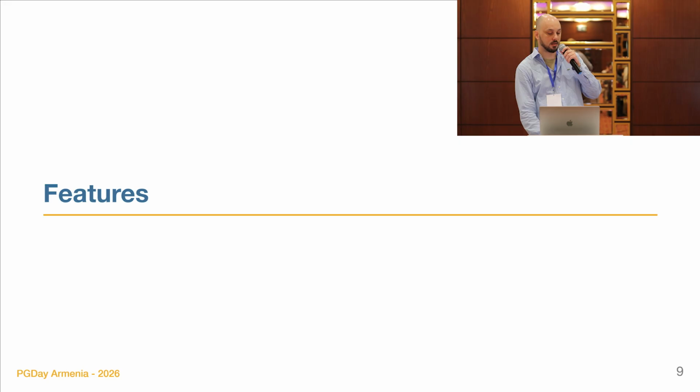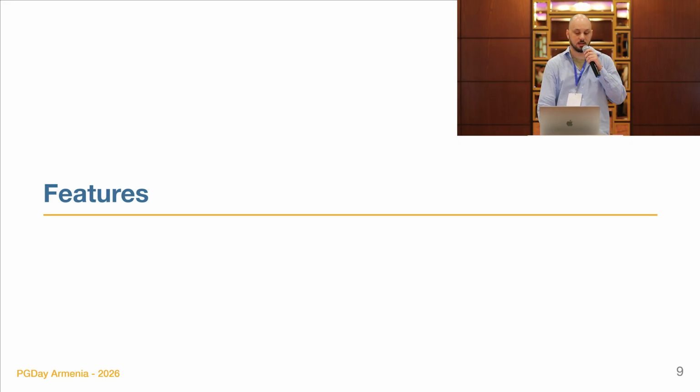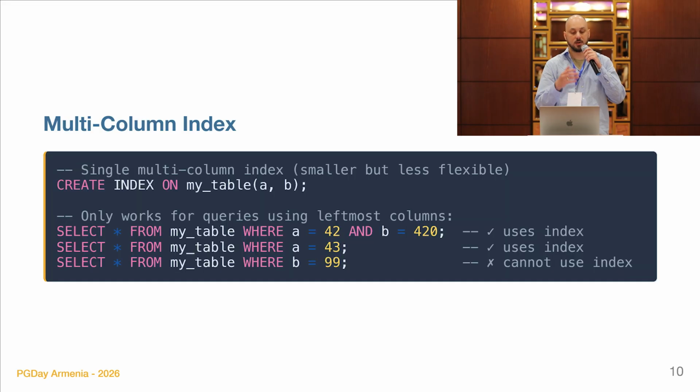So now let's talk about some index features, some advanced features that give us more power to work with indexes. I'm ordering them by usefulness, and I think the first is the multi-column index, also known as a composite index.